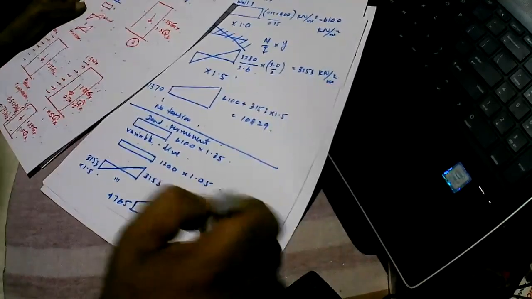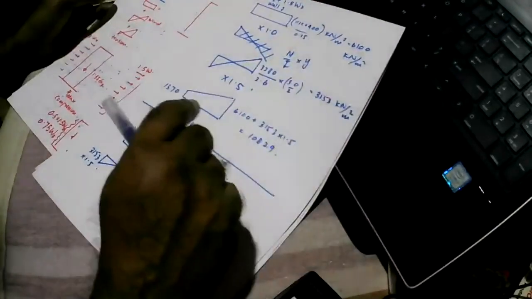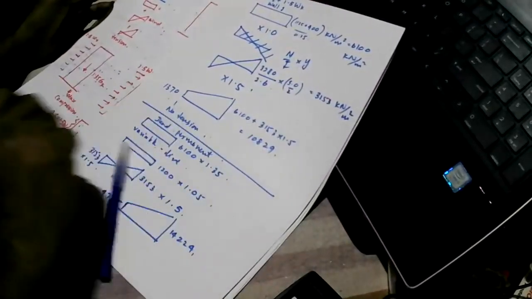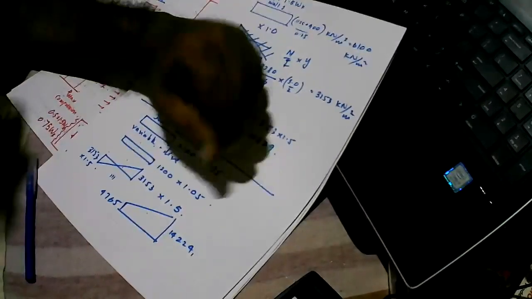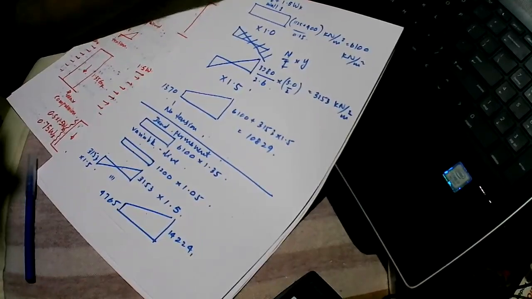So we have the critical stresses with no coupling, right? Now what we are going to do is we'll have a look at the coupling case. We look at the problem again.